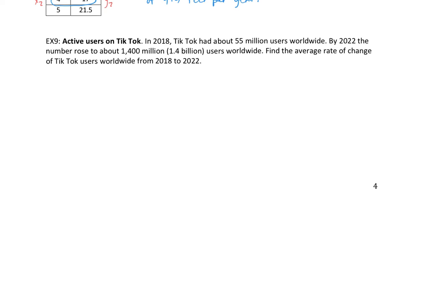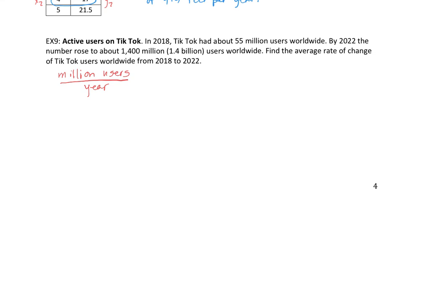Find the average rate of change of TikTok users worldwide from 2018 to 2022. So this is going to be users per year. So the users are in millions. So we're going to have a comparison of million users per year, since the time is given in years.